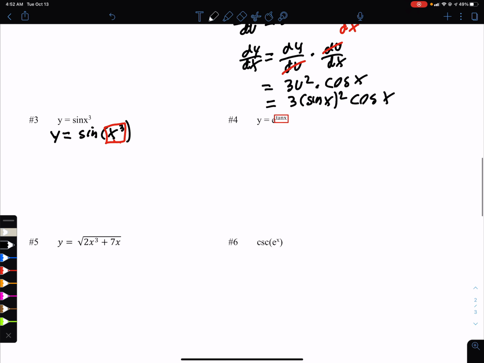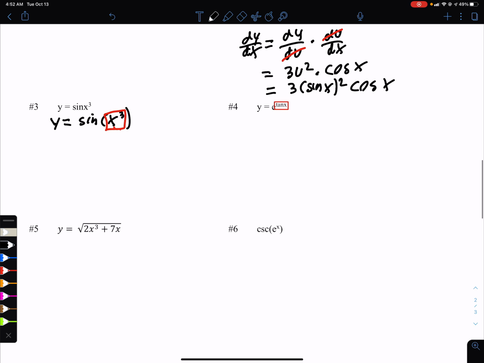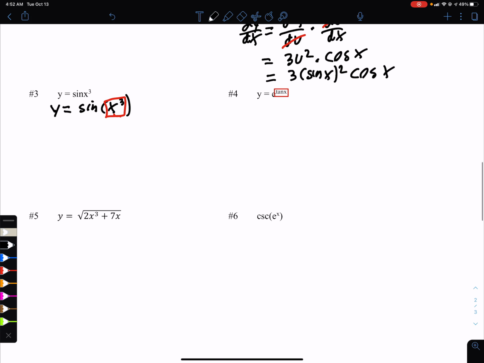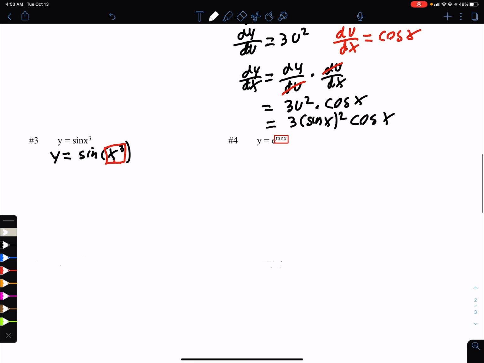Let's keep going. It looks like I didn't give myself enough space, so I am going to hide 5 and 6, and I'll bring it back to life. All right, so number 3, I already showed you the rewritten form.